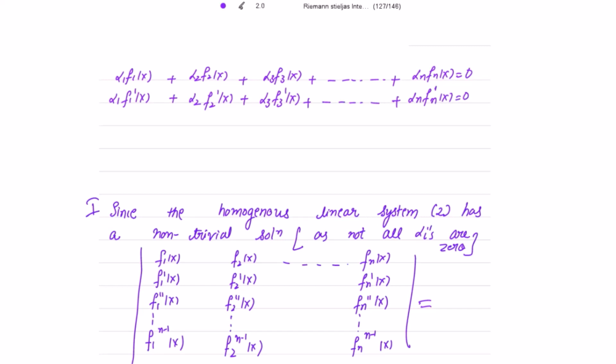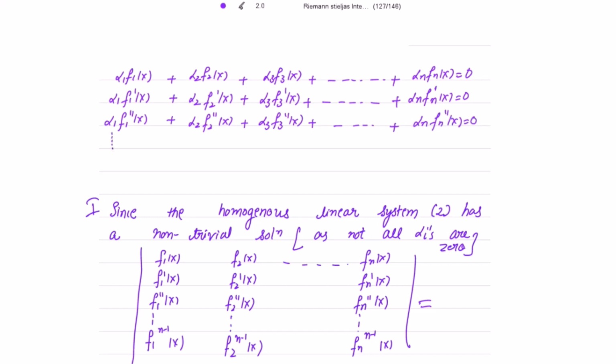Now taking the second derivative, this is alpha 1 f1 double dash x, and here it is alpha 2 f2 double dash x, and then alpha 3 f3 double dash x up to so on alpha n fn double dash x is equal to 0.